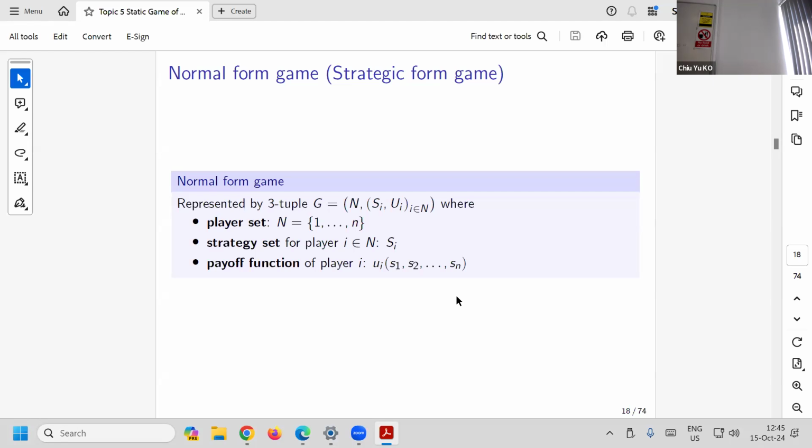If not, the description is not complete. You probably ask why we need a complete description of the payoff function. The reason is that when you calculate the solution concept, the prediction we want to have relies on a complete description. If you are missing something, that is a problem.